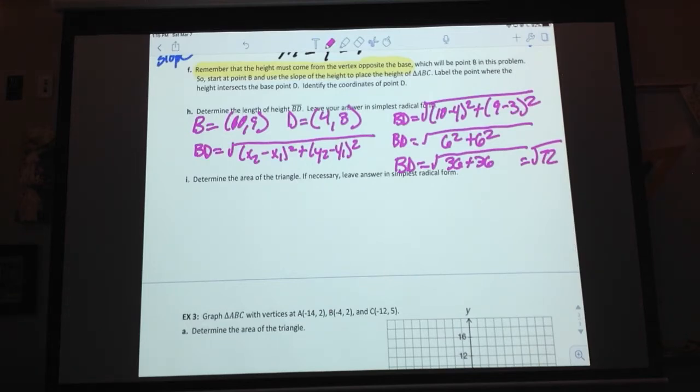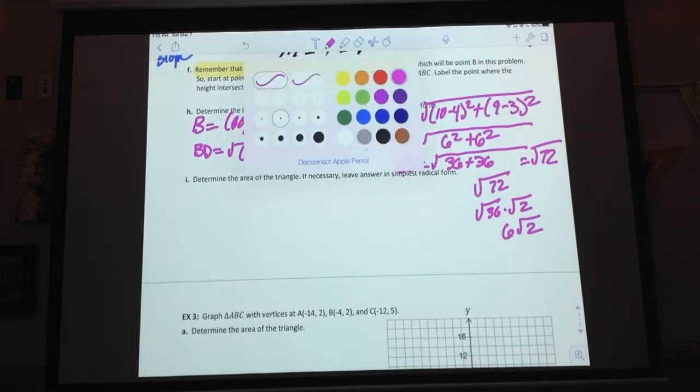So the square root of 72 breaks down to the square root of 36 times the square root of 2, or 6 square root of 2. So I know that BD is 6 square root of 2. Okay? So now, last but not least of this, it says determine the area of the triangle. If necessary, leave answers in simplest radical form.